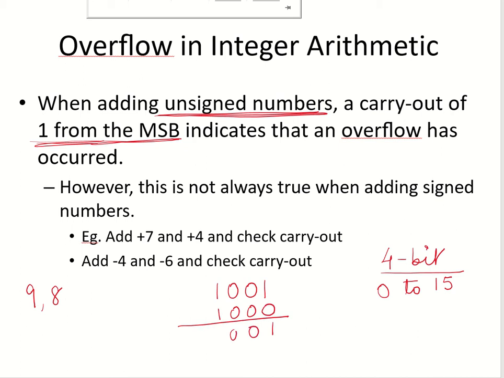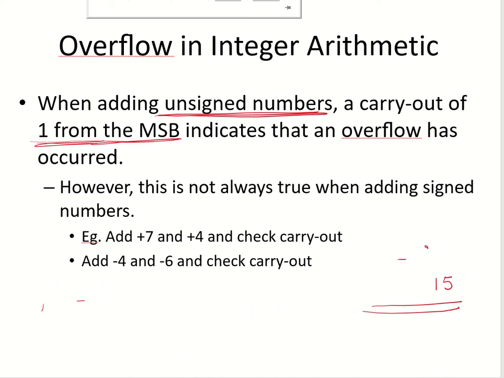Let me add them up. You see that there is a carry out of 1 because this is 17 and this is beyond the range of 4 bits. So a carry out of 1 will always represent that an overflow has occurred in an unsigned representation. However, this is not always true when we are adding signed numbers.